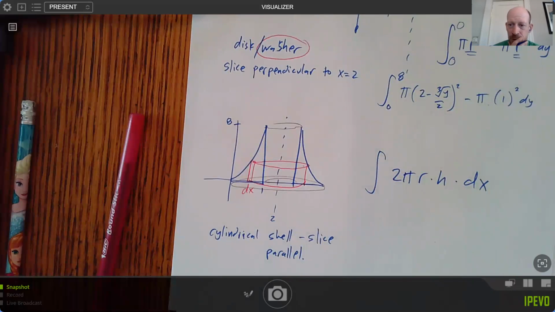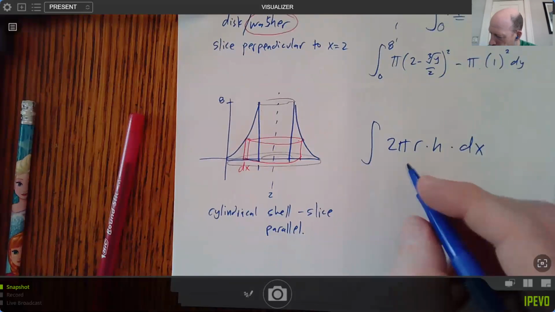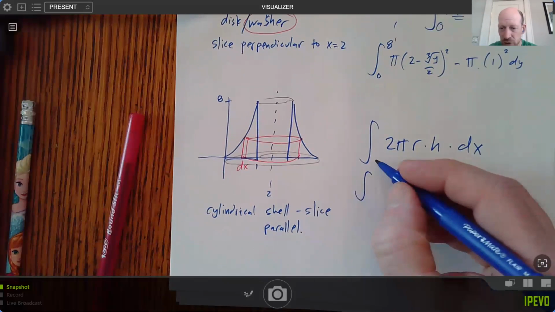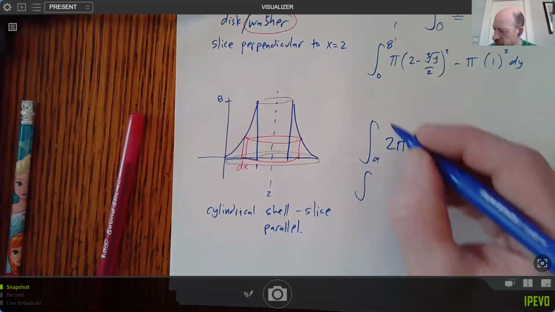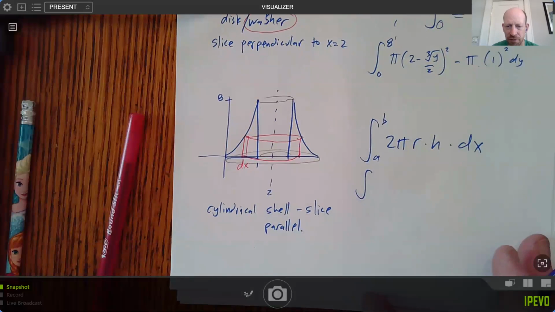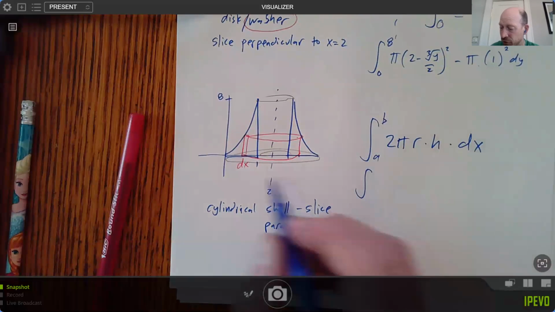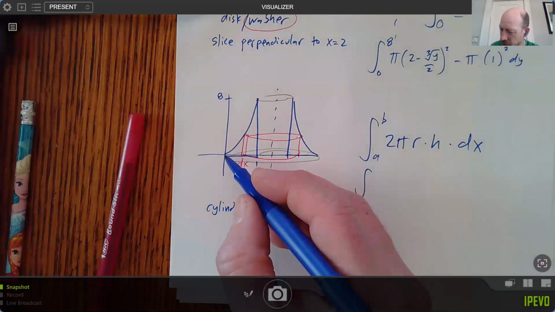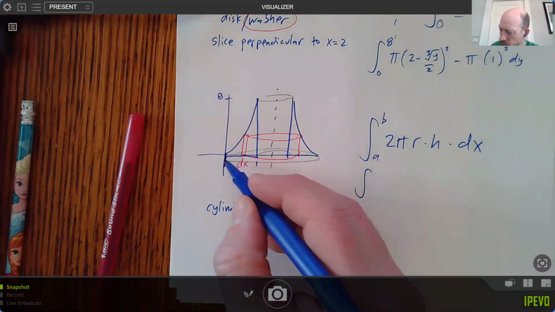Okay. So just like before, this is my general form for a cylindrical shell, and I have to just fill in the details for this particular problem, including the bounds. Maybe I should have written a and b in there. But I need the bounds, which are x values. Remember what we talked about on Tuesday.